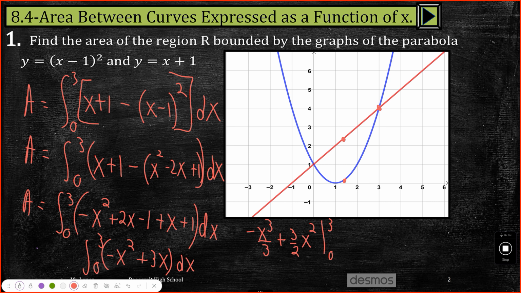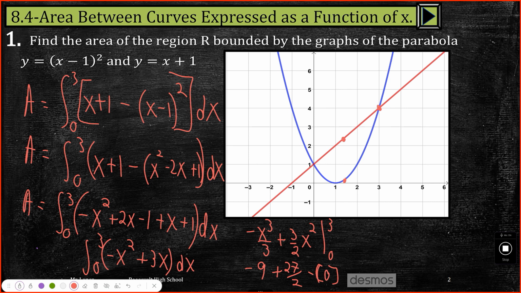So what is this when you plug it in? Negative what? Is that 27 over 3, negative 9? And then plus 27 over 2. And then minus the 0 part. You plug 0 here, this whole thing is 0.